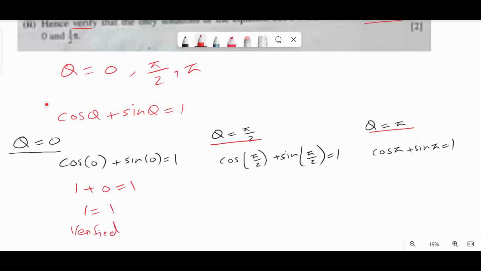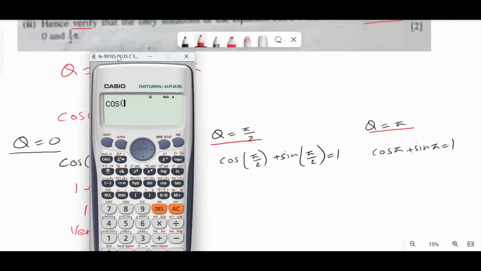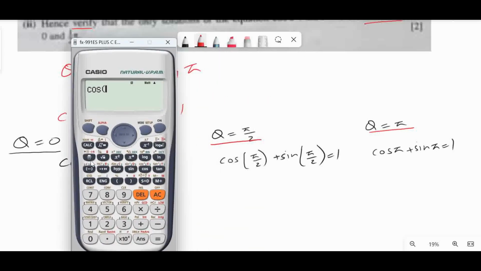Now let's move to the second one, cos pi by 2. Please keep in your mind that your calculator must be in radian. Let me write the whole equation so that it would be easier for us.